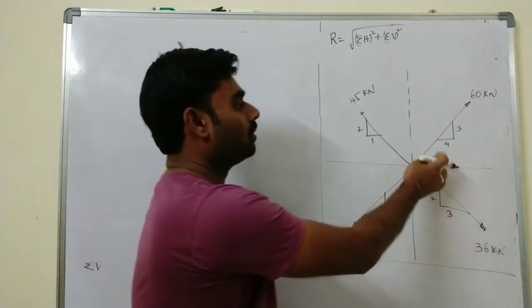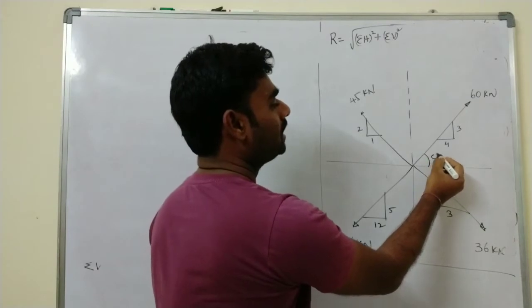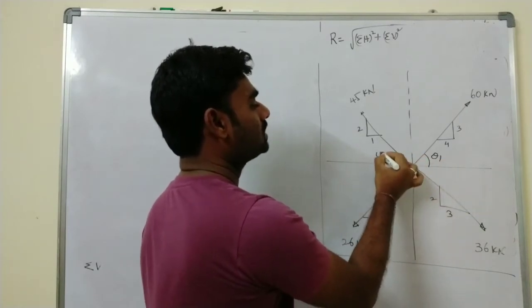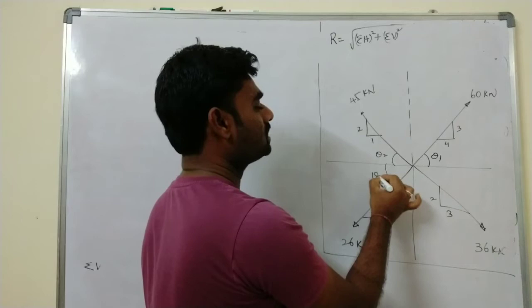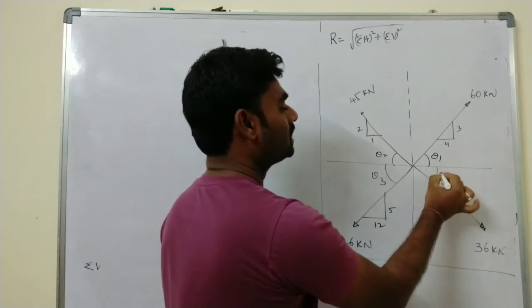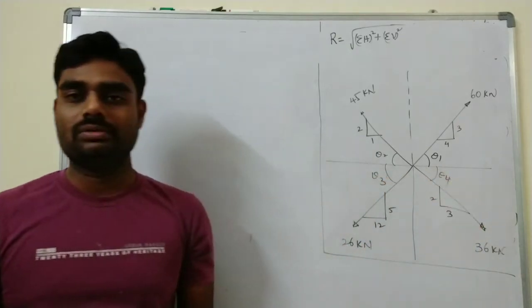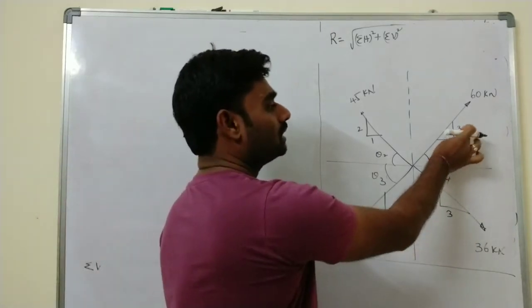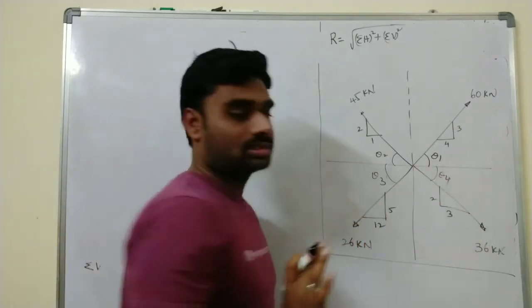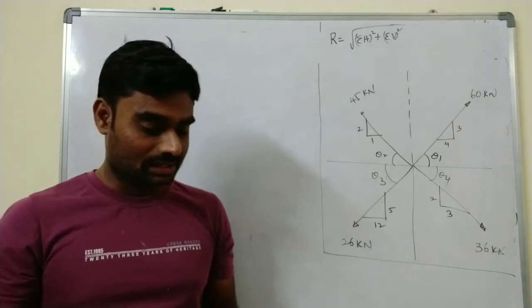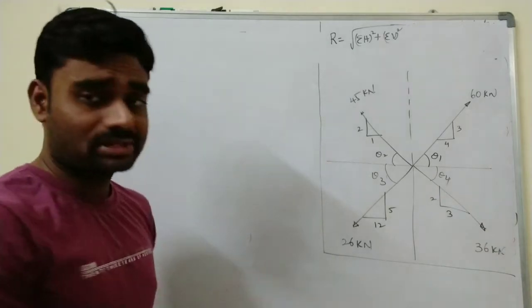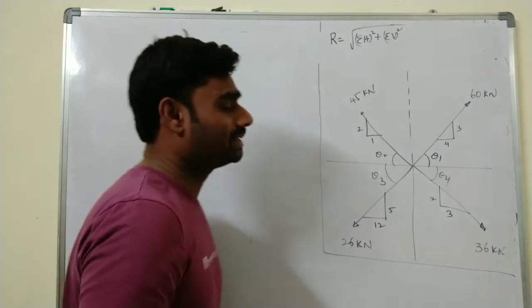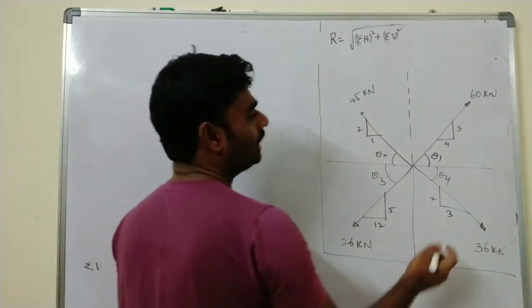Now I am taking this as theta 1, this as theta 2, this as theta 3 and this as theta 4. We can find them easily by using all these triangles. See the procedure for how to calculate theta 1, theta 2, theta 3 and theta 4.